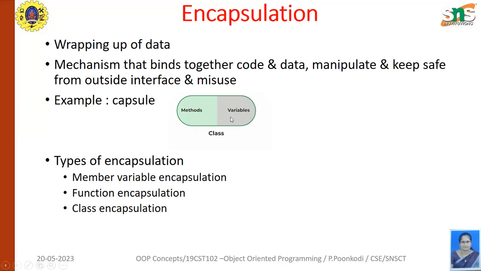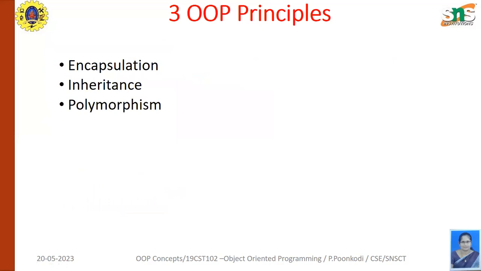The types of encapsulation are member variable encapsulation, function encapsulation, and class encapsulation. These are the three different types of encapsulation used in the Java programming language. And the three main principles in Java programming are encapsulation, inheritance, and polymorphism.